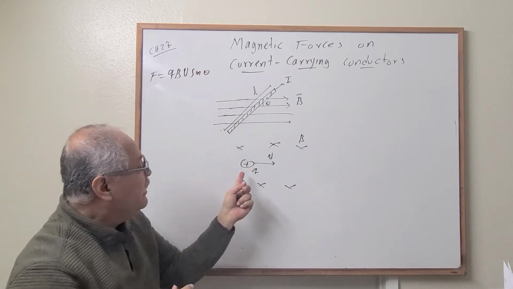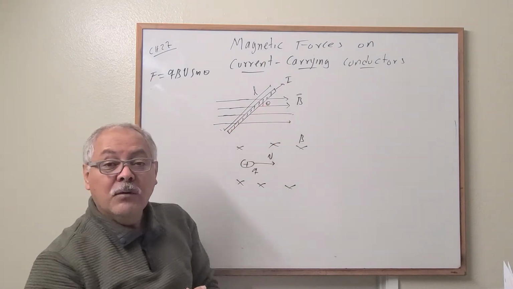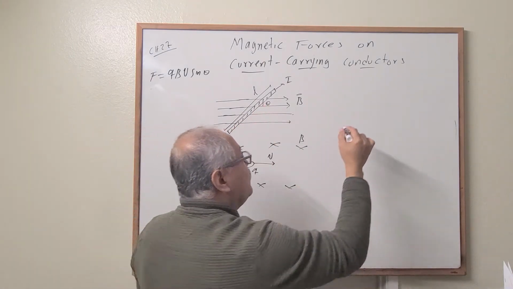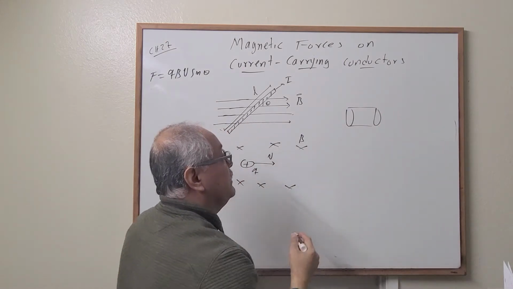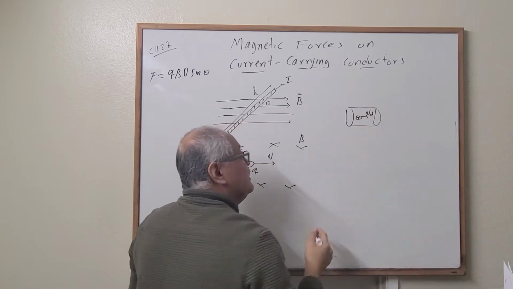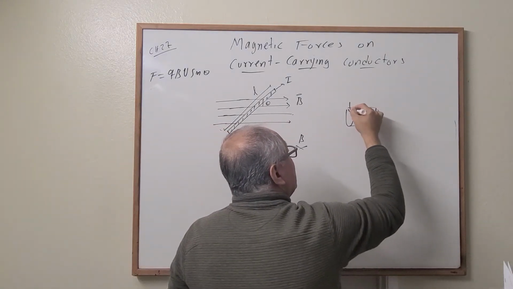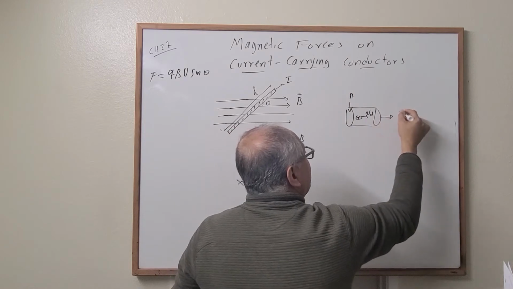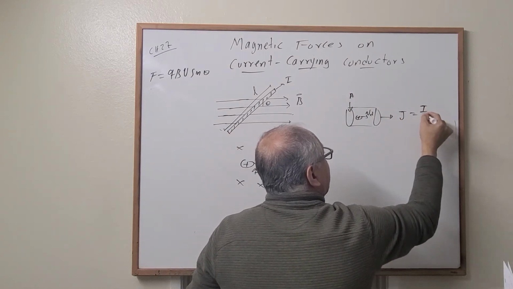Now in this case we have a bunch of charges, the current inside of the wire. Remember, we also found that if we have a conductor, we have charges moving with this velocity, the drift velocity. If this is the area right here, it's going to be the current density, correct?